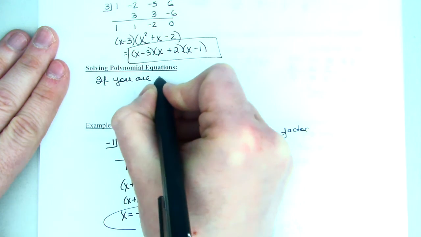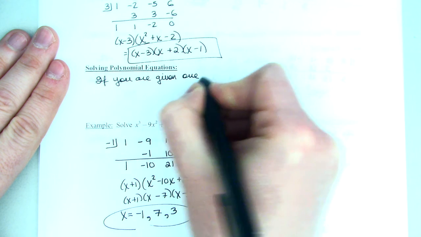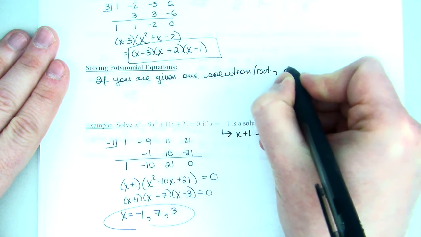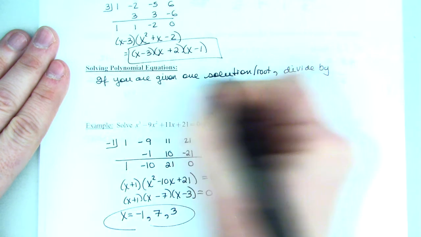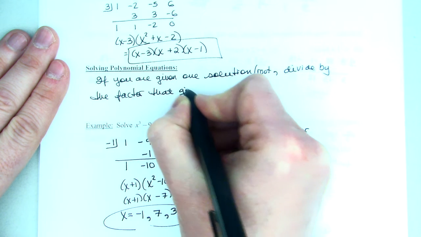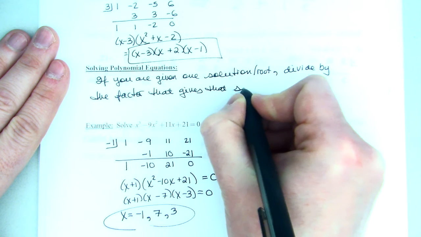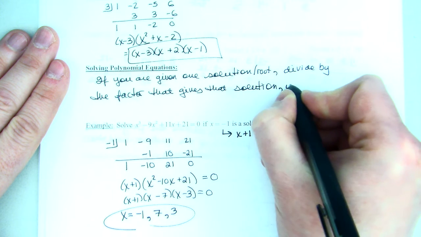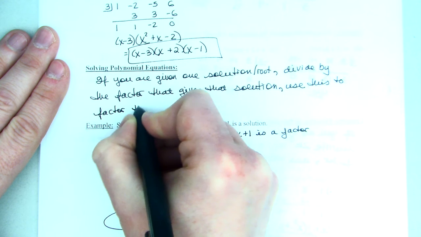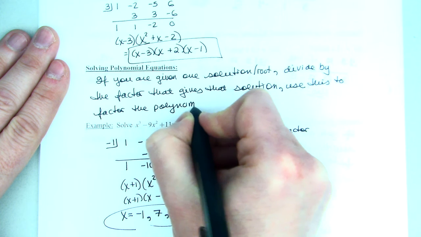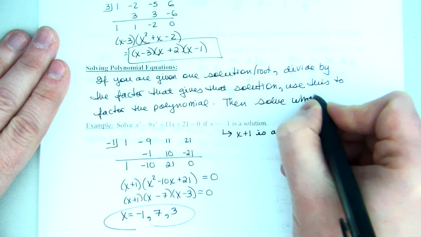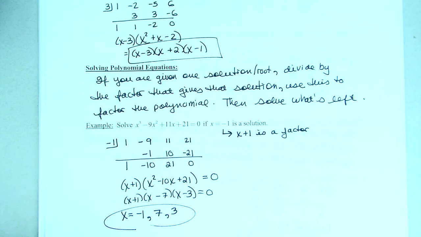If you are given one solution or one root, we are going to divide by the factor that gives that solution, and then we're going to use that factor to factor the entire polynomial, like we did before, then solve what's left. Get that in your notes, please.